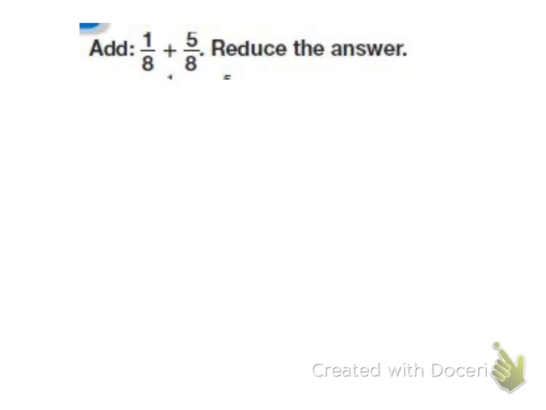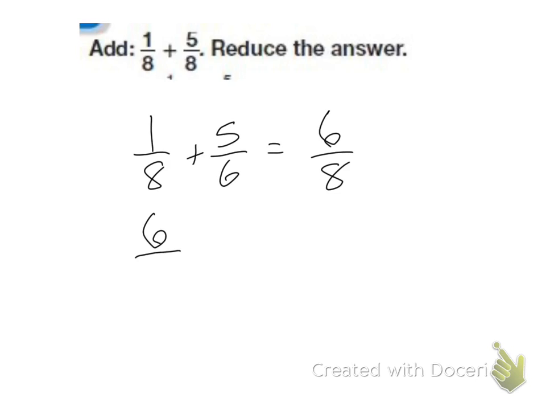All right. This problem says add 1/8 plus 5/8 and then reduce the answer. So 1/8 plus 5/8 equals 6/8. Okay. So now I want to take 6/8 and reduce it to the smallest term.